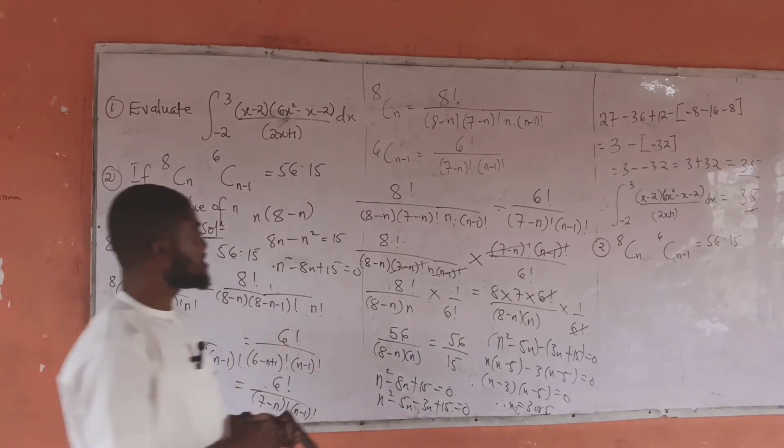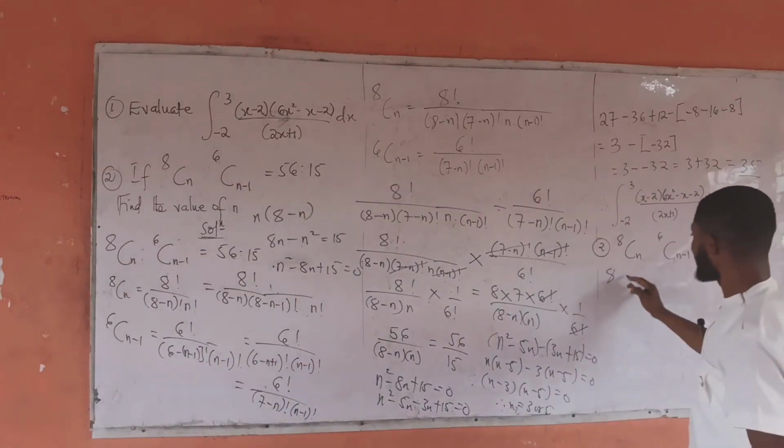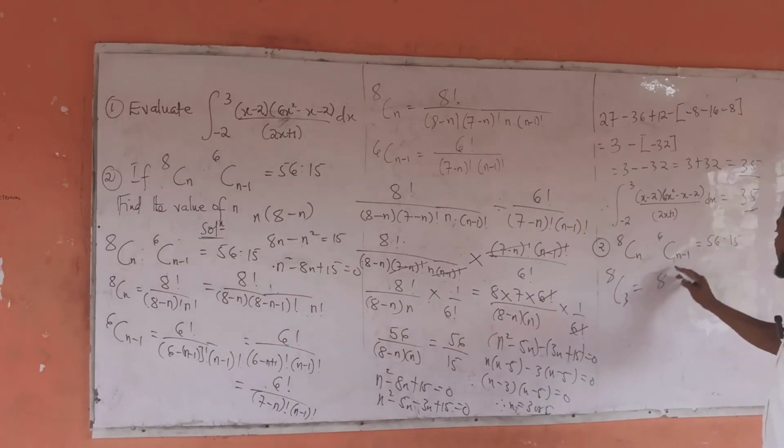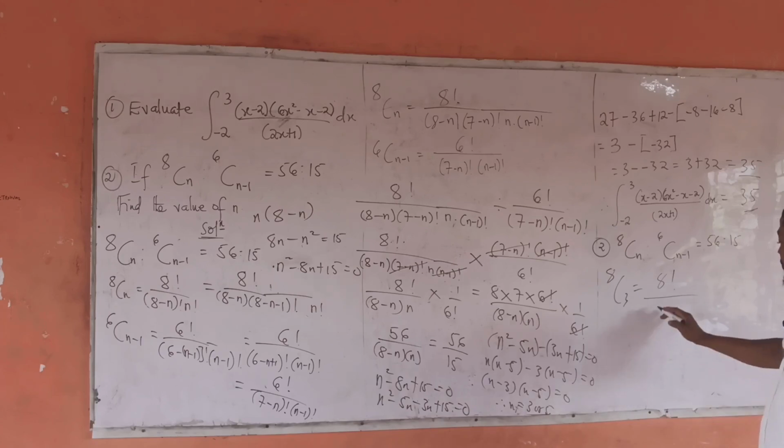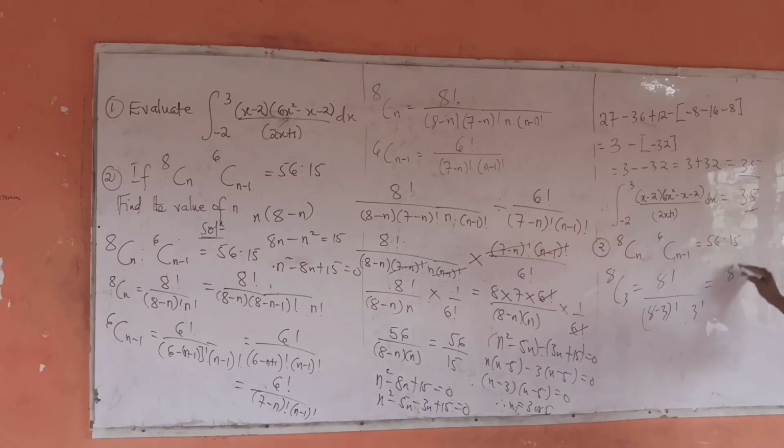Now we can equally do substitution to see if the 3 or the 5 is going to work out. So by doing substitution, 8 combination 3 should be 8 factorial over (8 minus 3) factorial 3 factorial. 8 minus 3 factorial should give us 5 factorial 3 factorial. So we start 8, 7, 6, 5 factorial. We stop over there. This takes care of this. So 8 times 7 times 6 all over 3 times 2 times 1.